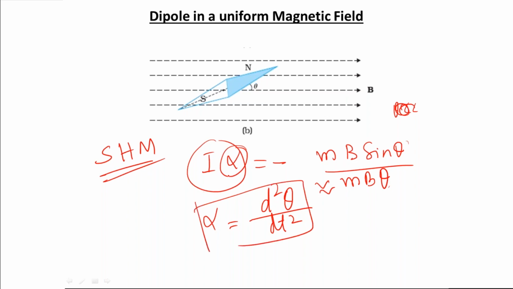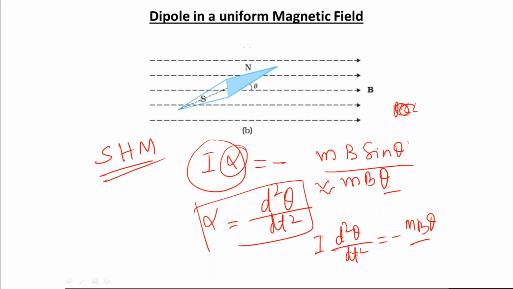So I have left hand side in terms of theta and right hand side in terms of theta. If I equate left hand side and right hand side, I get I into d2 theta by dt square is equal to minus mB theta.